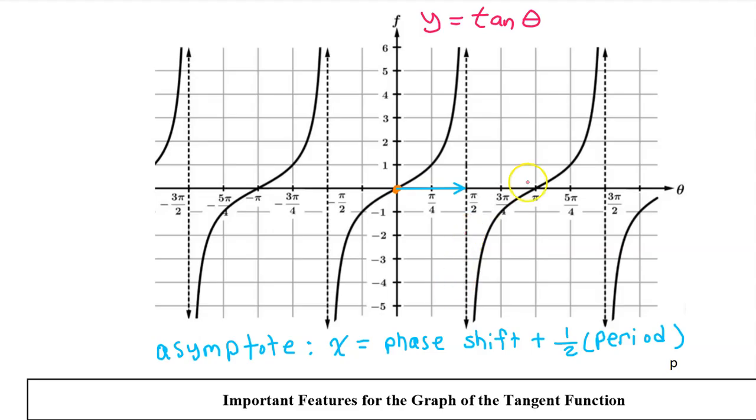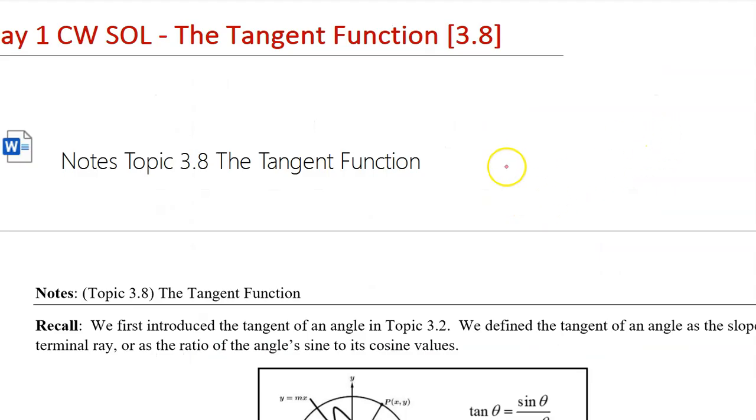As we go from asymptote to asymptote, one period of tangent is a continuously increasing function. So if we see a transformation that is decreasing, that is going to be a reflection over the x-axis, which means we would have a negative a value.